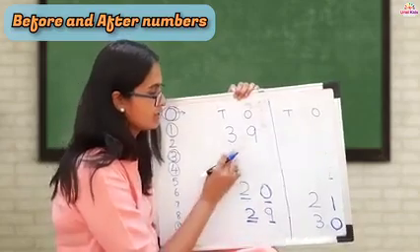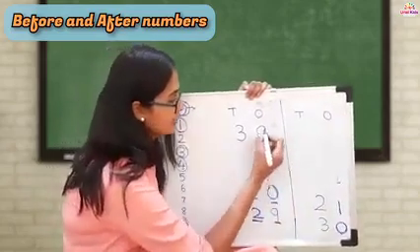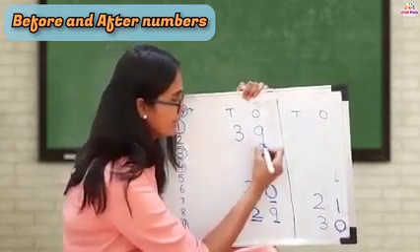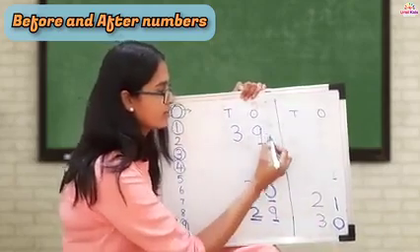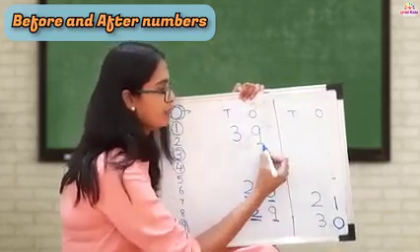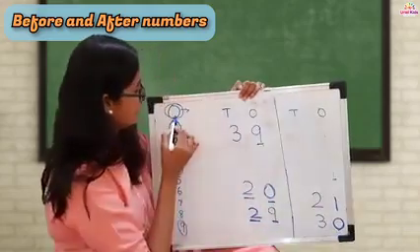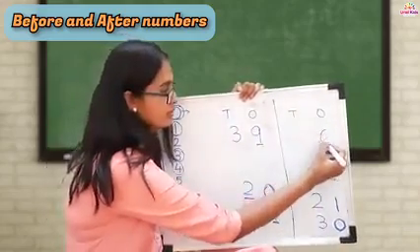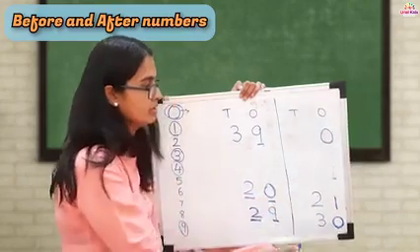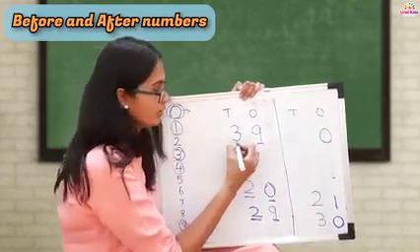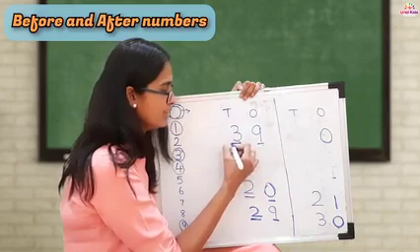Okay, so the number is 39. So the number in the ones place is 9. Okay, so if I ask you what number you are going to put after 9 in the ones place, we are going to use the number 0 here.